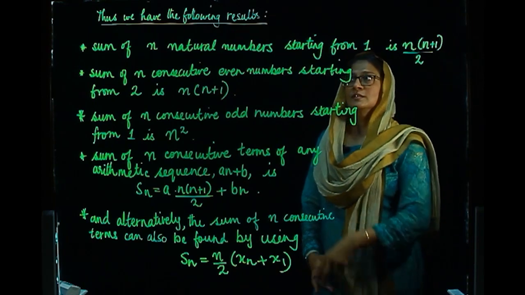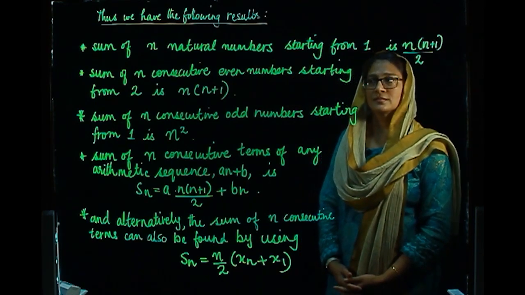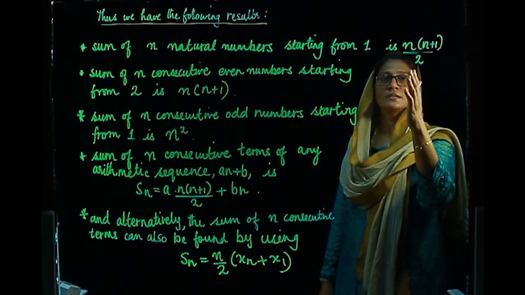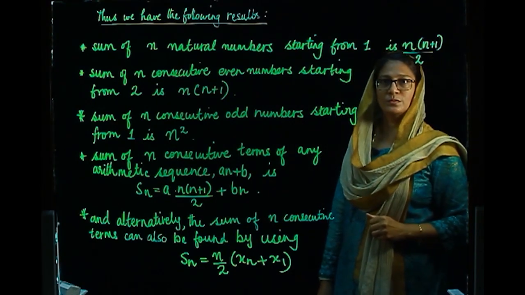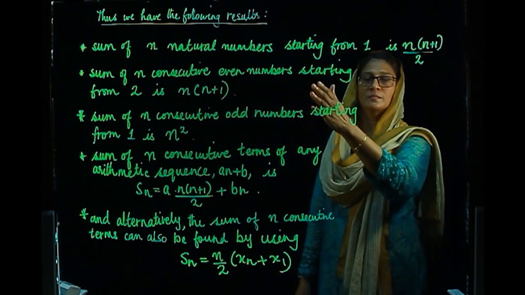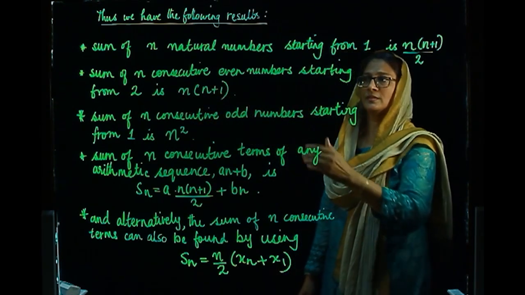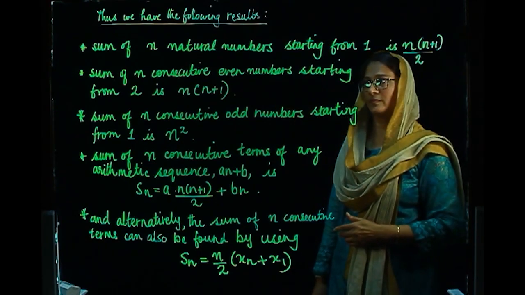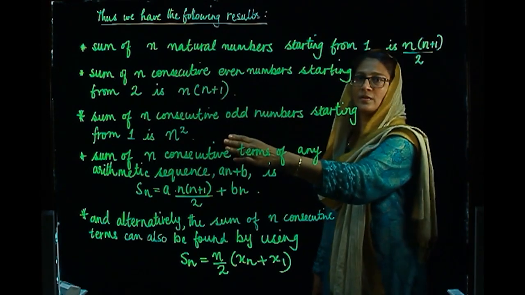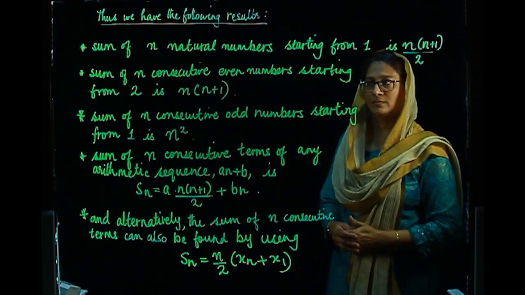So children, we have the following results. Sum of n natural numbers starting from 1 is n into n plus 1 by 2. Sum of n consecutive even numbers starting from 2 is n into n plus 1. The sum of n consecutive odd numbers starting from 1 is n squared.